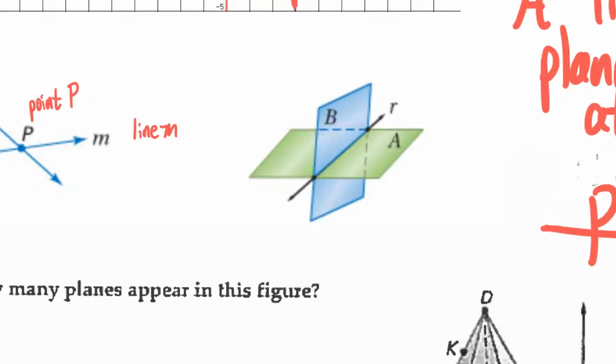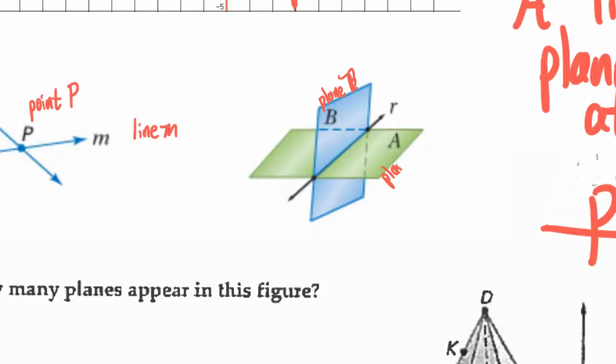All right. So in this little picture right here, of course you don't have color on your paper, but looking up here, the blue one, what is the blue figure there? It is plane B. Plane B. Okay, the green one, what's the green one?